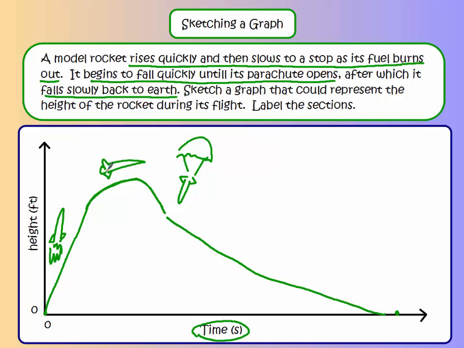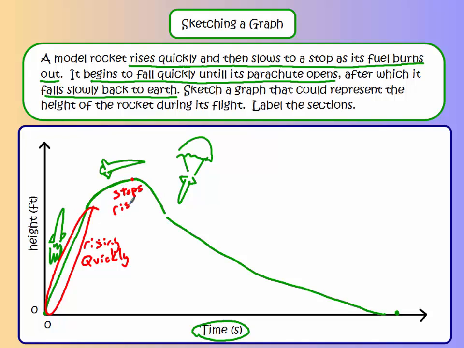If I want to, we can just use words here too. We can say in this section, the rocket is rising quickly. Then around here, this very top point is where it stops going up, right?